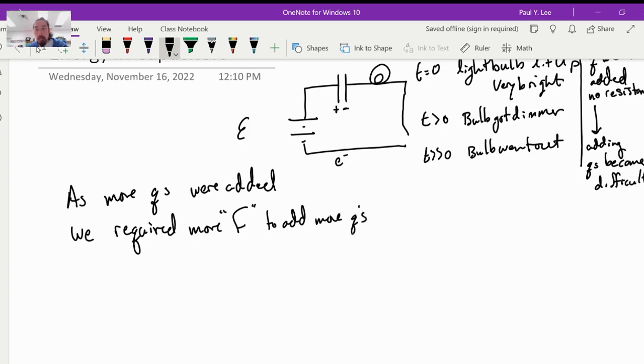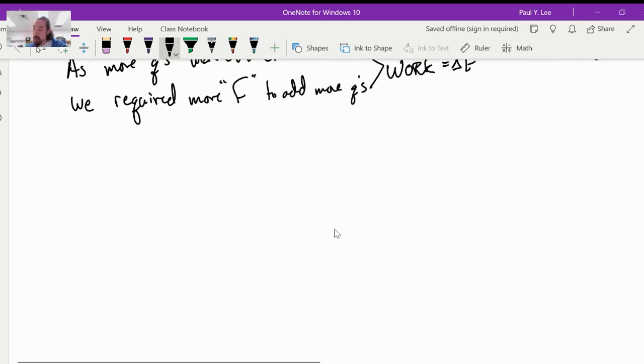Now, the reason why I want to make sure that we understand that we were adding charges and that the addition of charges required work is because when you are pushing an object using a force over a certain distance, that is the definition of work. And if you remember from the mechanics unit, work is the change in energy. For our case here, this will be the change in electrical potential energy. And right there is the start of our formula.